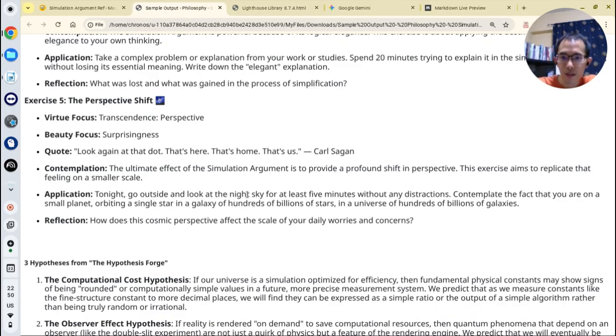The application is to look at the night sky for 5 minutes and contemplate that whether you're in a simulation or not is very realistic, and ask how the cosmic perspective affects your daily concerns and worries. So it's got some suggestions of what you can do to appreciate the argument in different ways.